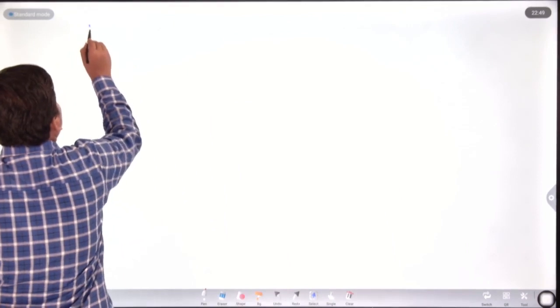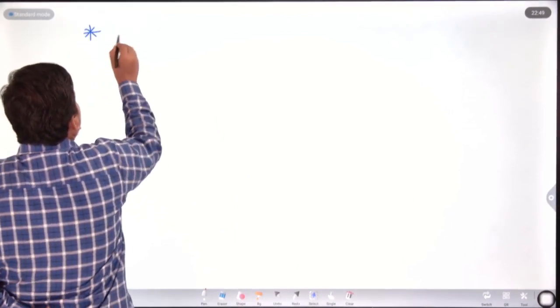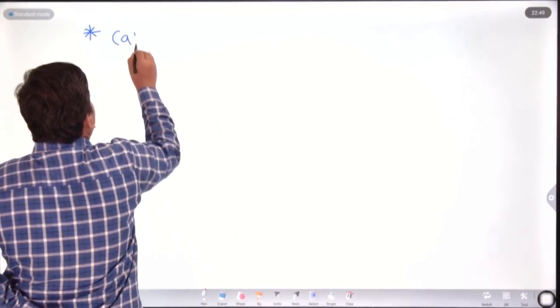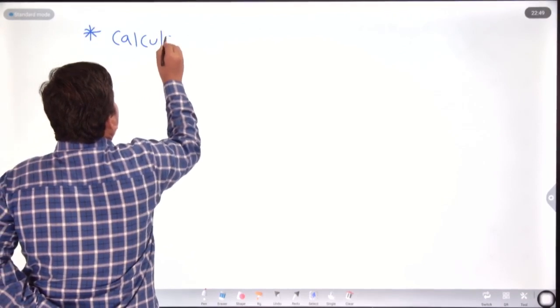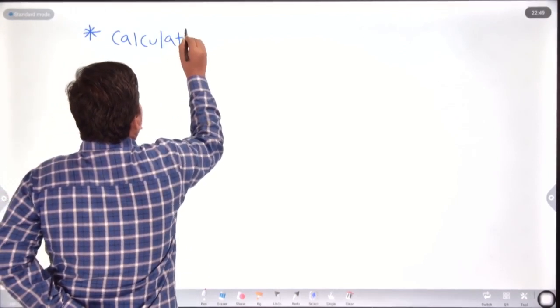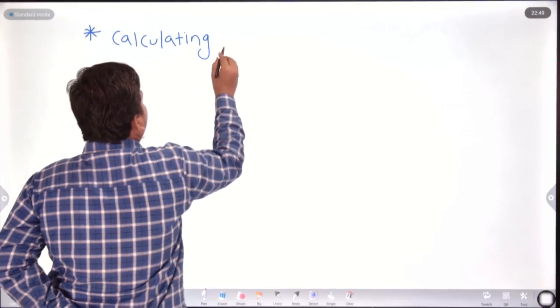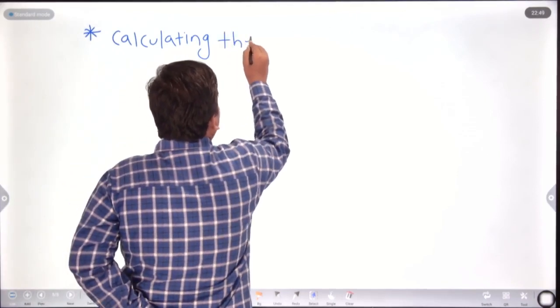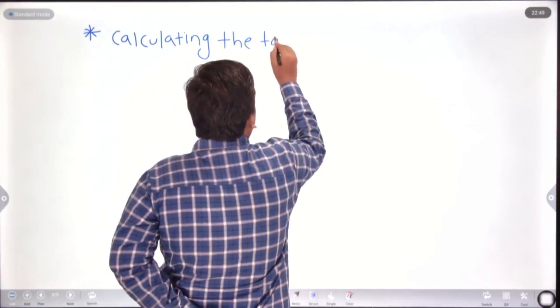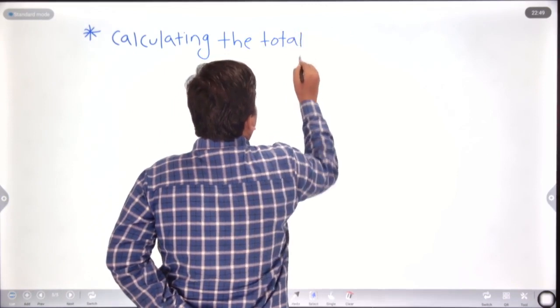Bernoulli's equation helps in calculating the total energy of the fluid.